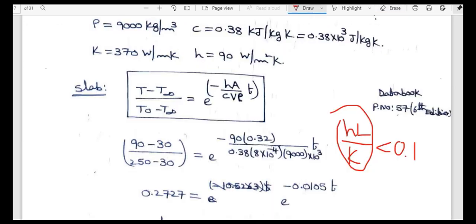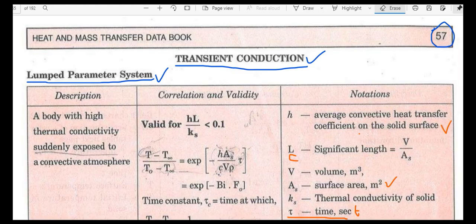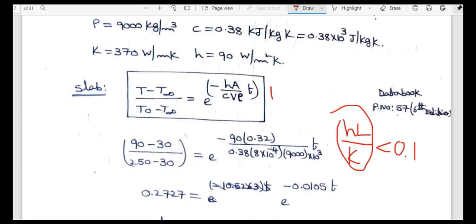So here in this problem hLc by k value is less than 0.1. That's why I am considering the formula (T minus T infinity) by (T naught minus T infinity) equals e power minus hAs by rho C V into time. So this is the formula.